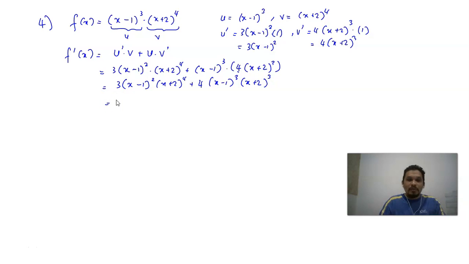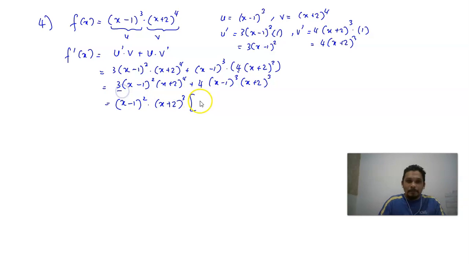Okay, we can factorize this with (x minus 1) squared and (x minus 1) cubed, so we only take the lowest one, which is (x minus 1) squared. And (x plus 2) to the power of 4 and (x plus 2) to the power of 3, we factorize with the lowest, (x plus 2) to the power of 3.